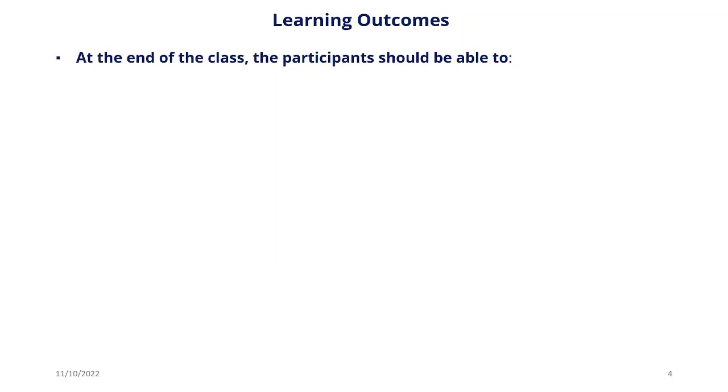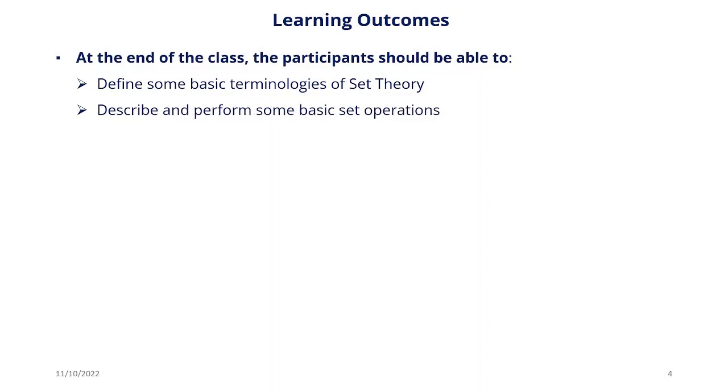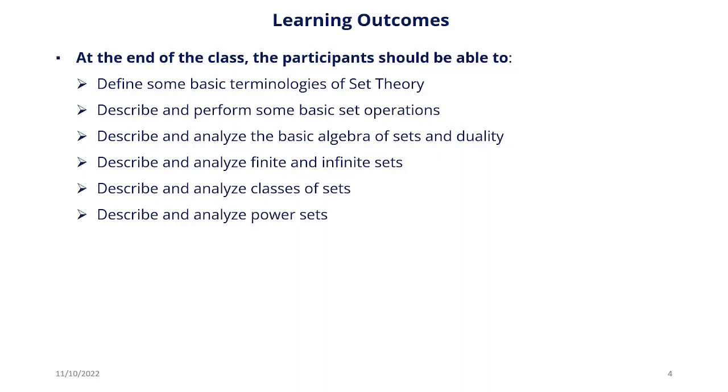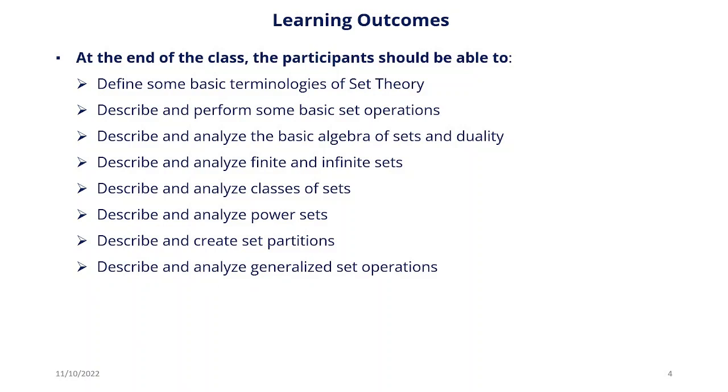Learning outcomes: at the end of this class, participants should be able to define some basic terminologies of set theory, describe and perform some basic set operations, describe and analyze the basic algebra of sets and duality, describe and analyze finite and infinite sets, describe and analyze classes of sets, describe and analyze power sets, describe and create set partitions, describe and analyze generalized set operations, define the principle of mathematical induction.